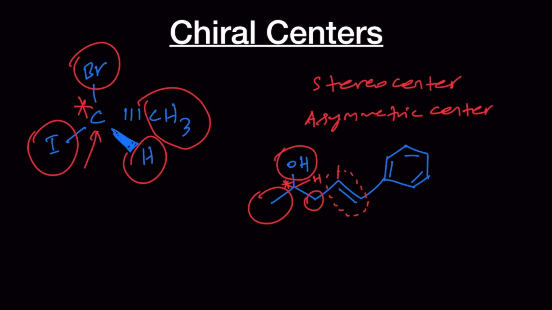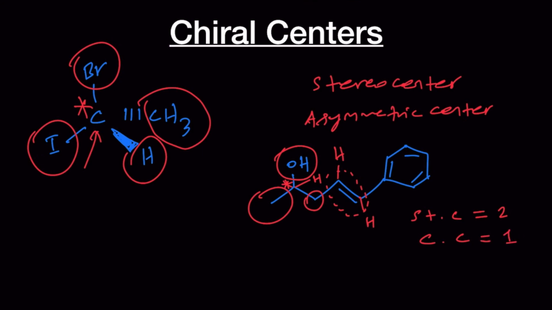We have a hydrogen here, we have a hydrogen here. Whenever you have a double bond where on each side you see 2 different substituents, then it is possible to have geometrical isomerism. Therefore, the number of stereocenters here is equal to 2, but the number of chiral carbons is only 1.